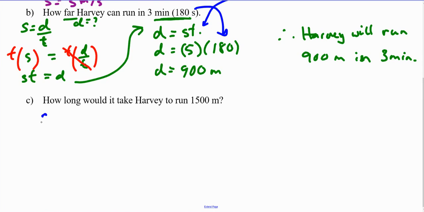So our basic equation is S equals D over T. This time, how long means we're looking for time, because they gave us the distance. So we need to rearrange it for time now.